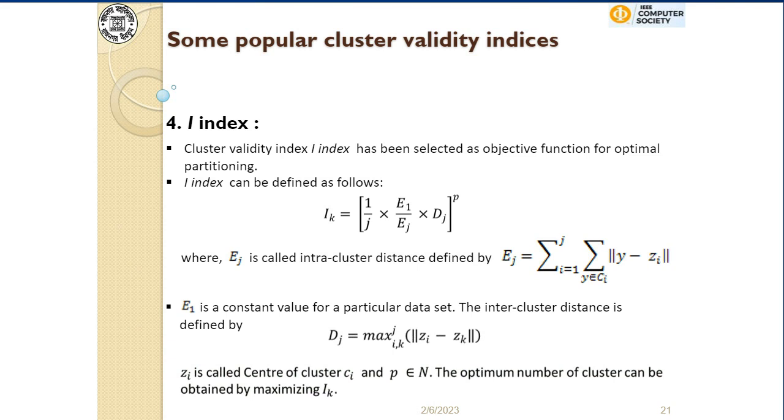So obviously you have to try to maximize that, similar to the Dunn index, where you have to maximize the I index. So several different authors or researchers have come up with different indices, and other indices are also coming up, having their own advantages. And obviously the complexity of the algorithm also makes sense. So different indices can be used for judging whether your clustering outcome is a good one or not.